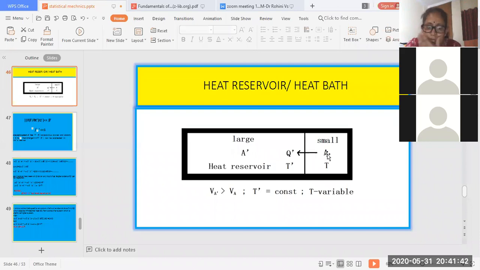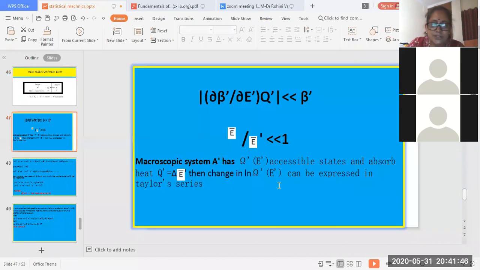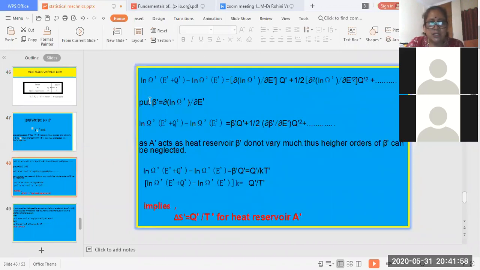Then you have to define the accessible state and give the definition of q dash. You should tell why you are expressing it in terms of a Taylor series. Because the logarithmic change in the accessible state is very, very small.